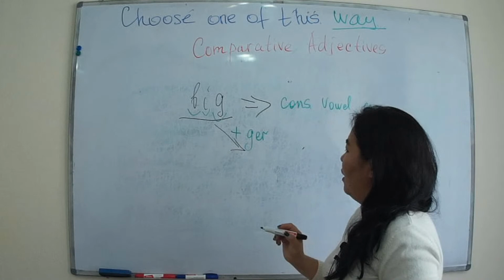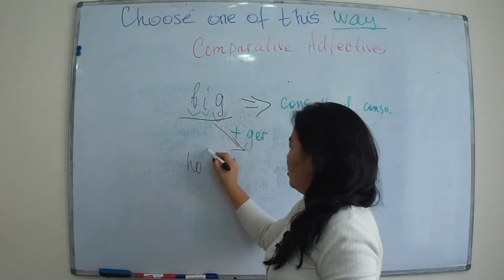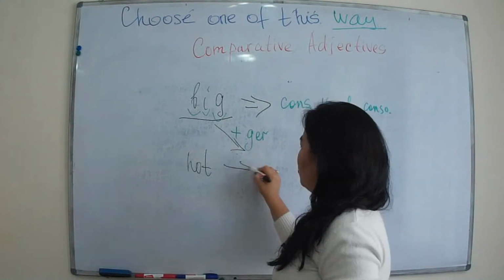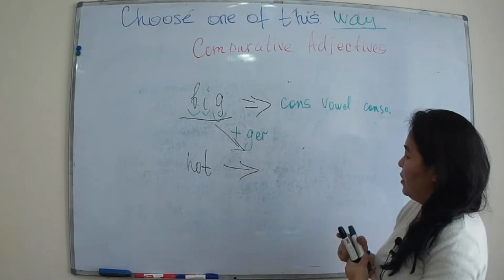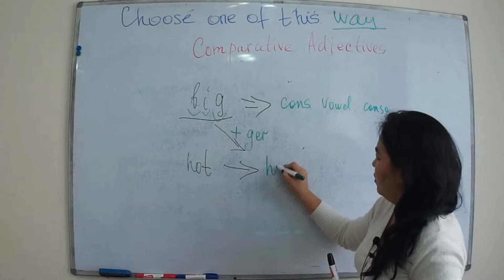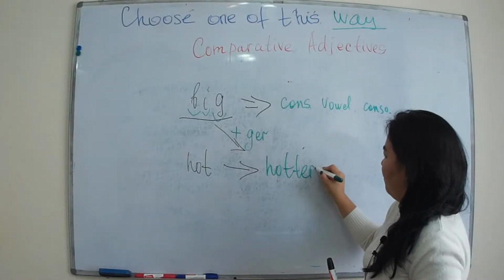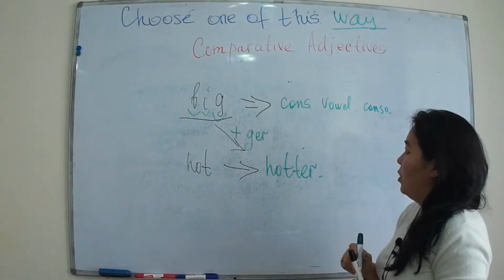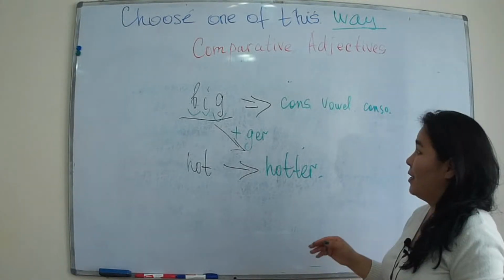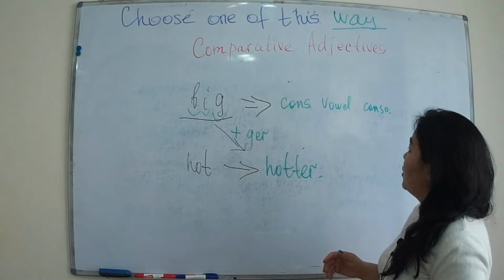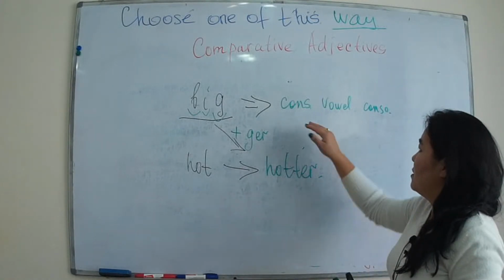And for example, hot, to do comparative adjectives, we write hotter. So you should pay attention to these little notes connected with comparative adjectives when it has consonant, vowel, and consonant.